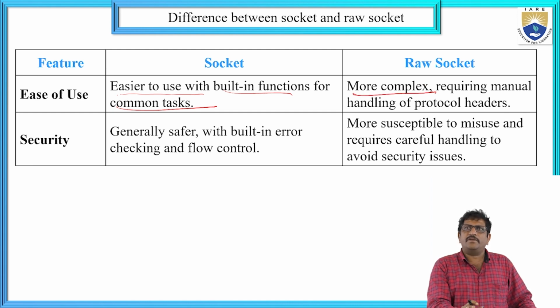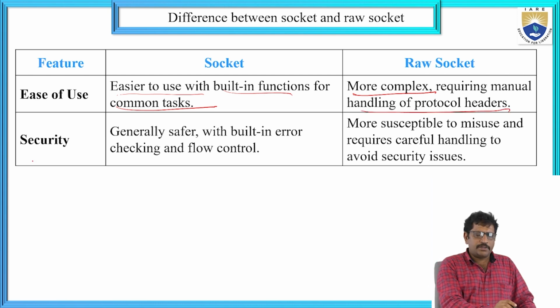The usage complexity is very high. Why? Because a particular format is required for receiving or sending the data with the help of a raw socket, and fragmentation in that format is required, which requires manual handling of the protocol headers.